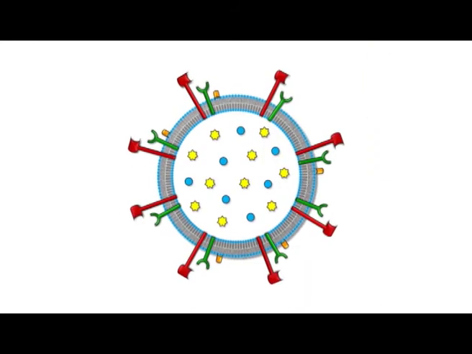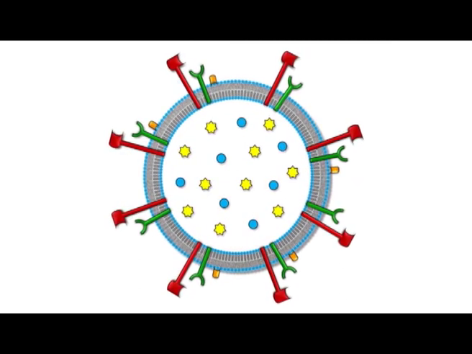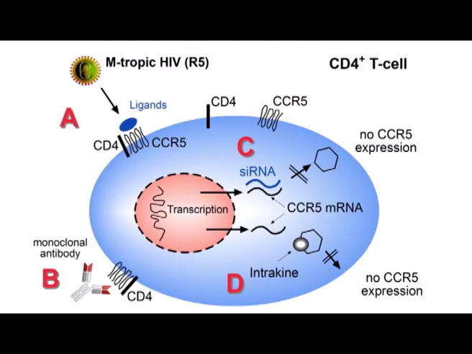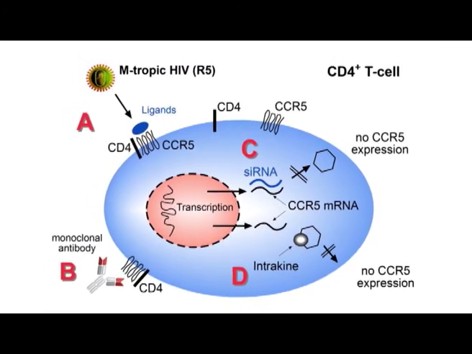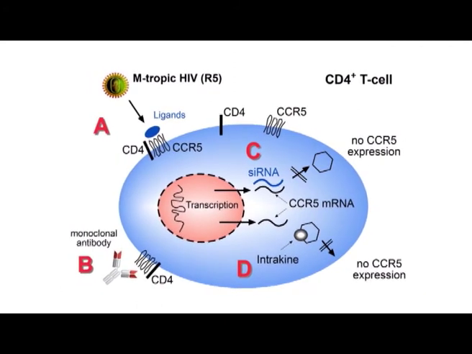CCR5 is an essential co-receptor for most HIV strains and necessary for the entry process of the virus into the host cell. The drug binds to CCR5, thereby blocking the HIV protein gp120 from associating with the receptor. HIV is then unable to enter into human macrophages and T cells.